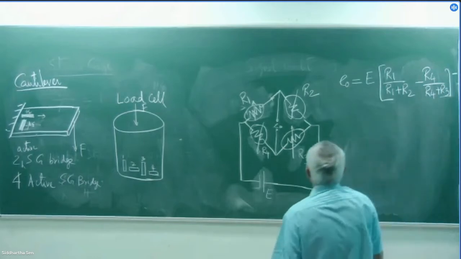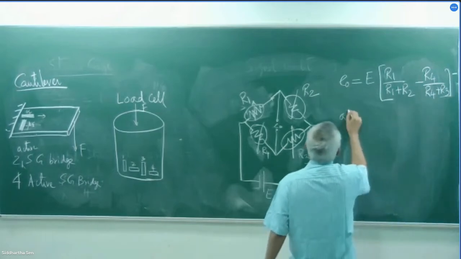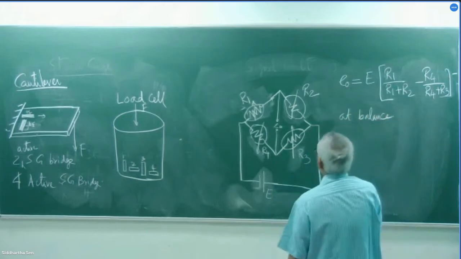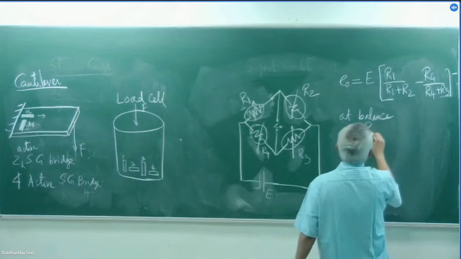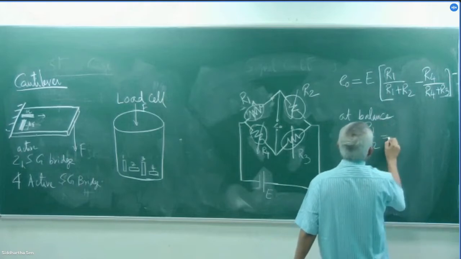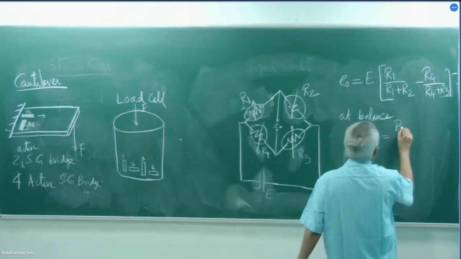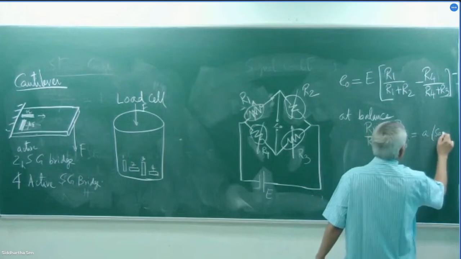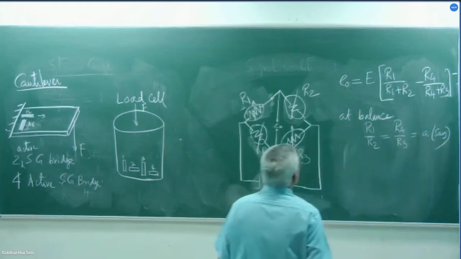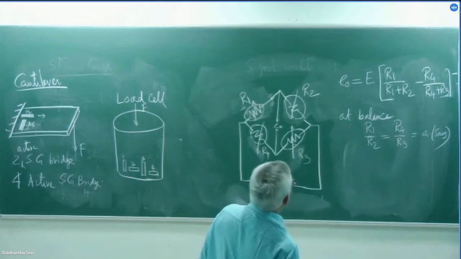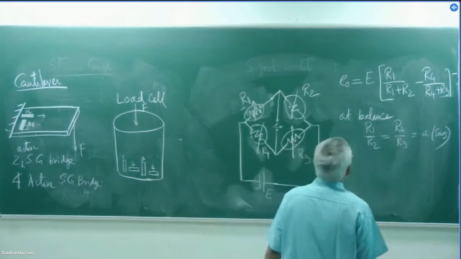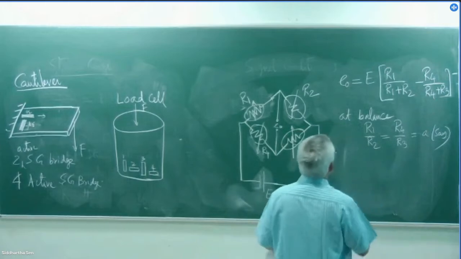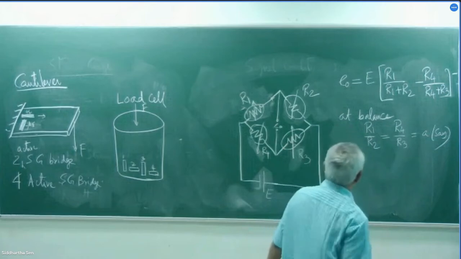And we know at balance R1 by R2 is equal to R4 by R3, and I say it is A, the bridge arm ratio. So at balance E0 is equal to 0, the bridge is balanced.